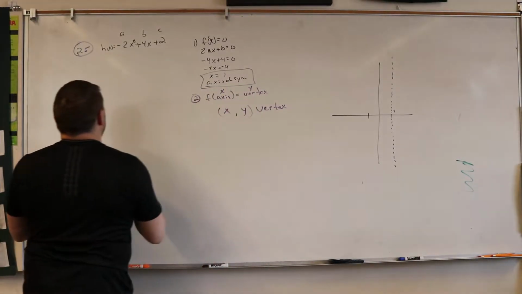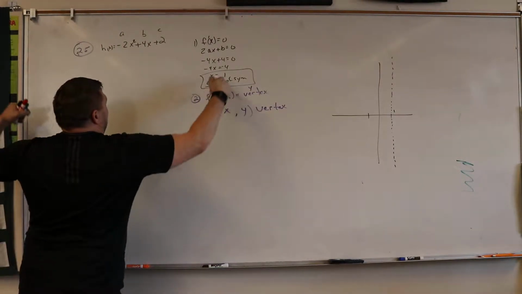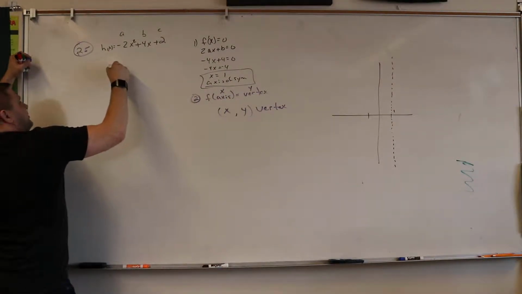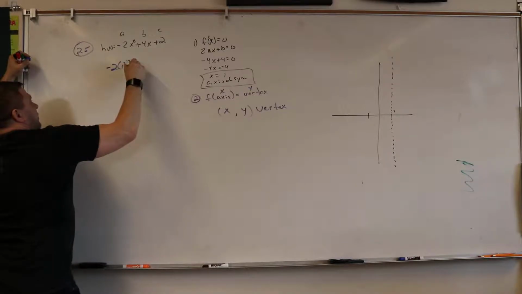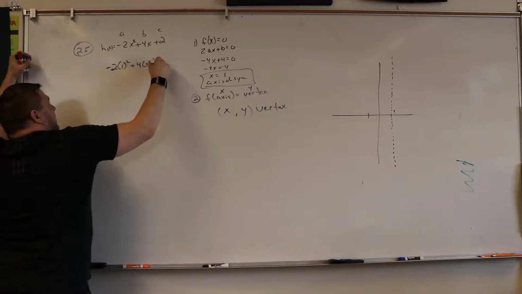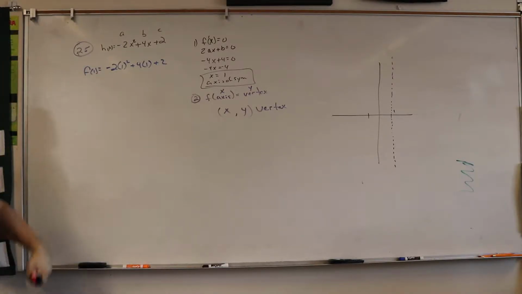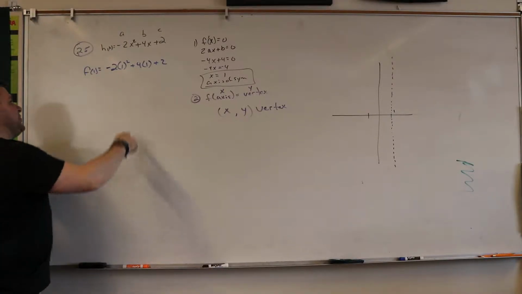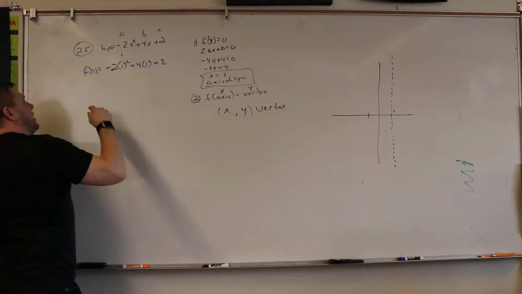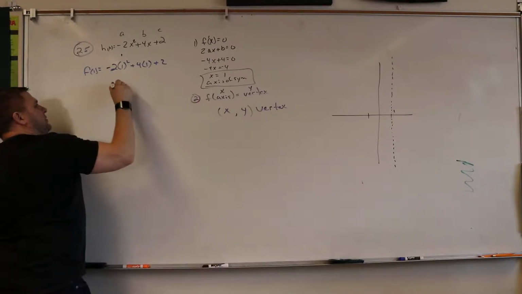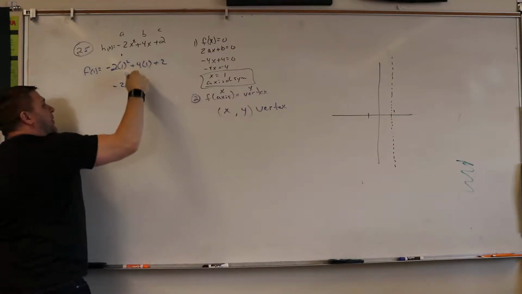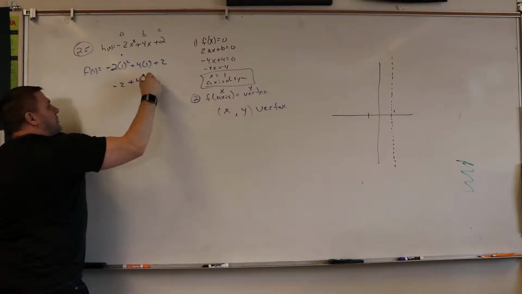So I'm going to plug in 1. That means negative 2 times 1 squared plus 4 times 1 plus 2. That's f of 1. What's 1 squared? 1. And 1 times negative 2 is negative 2. And 1 times 4 is 4, plus 2.